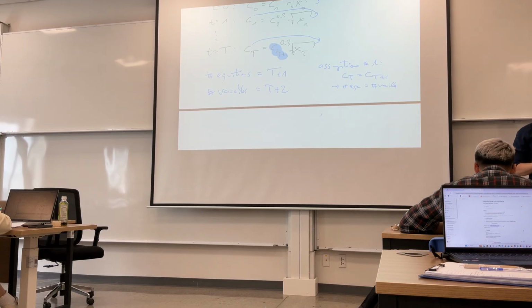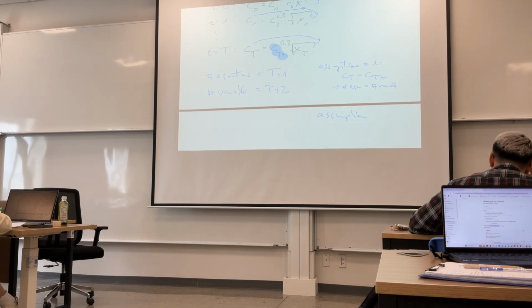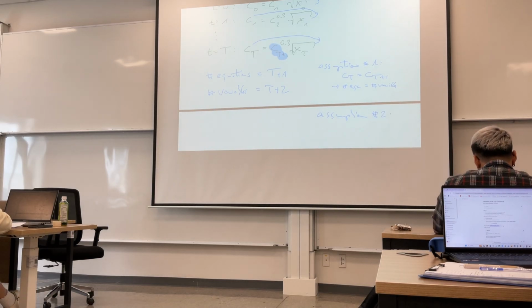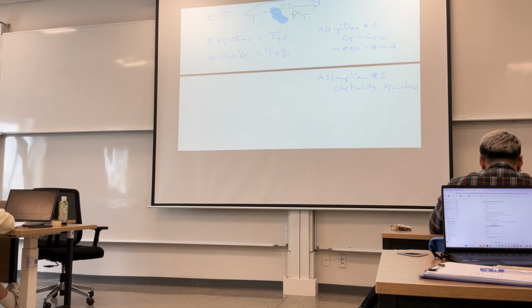So assumption number two is that there is certainty equivalence. You know the path of x0, x1, x2, etc.